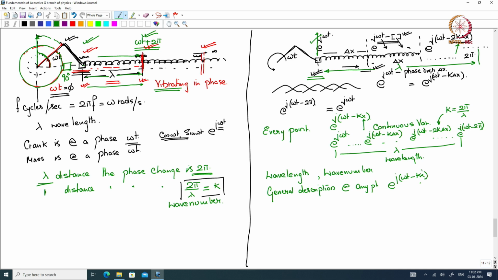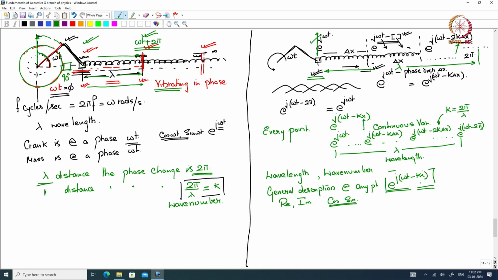If x is any point, then you get the phasor description of that point. And if you want to describe it in terms of sine or cosine, then you either take the real or you take the imaginary part, and that way you get cos or sine, which you are familiar with. Otherwise, we keep the descriptor as e to the power j omega t minus kx.